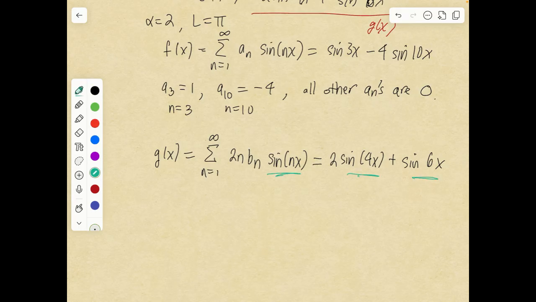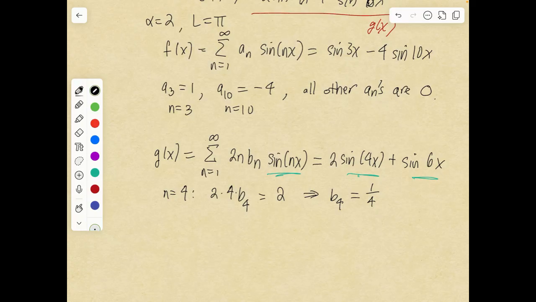The g of x is 2 sine 4x plus sine 6x. So when you match this part with this part, you can see when you look at the sine nx's that there's going to be two n's that give you non-zero b sub n.